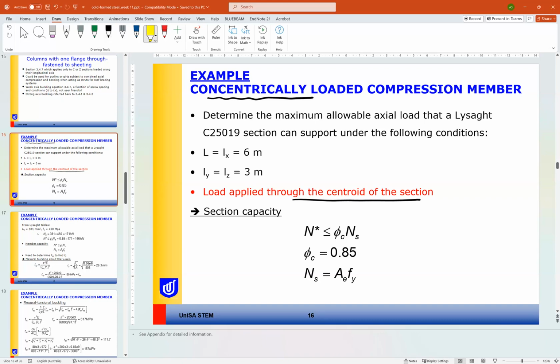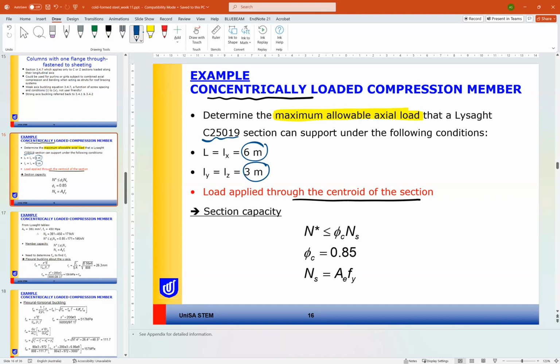We need to determine the maximum allowable axial compressive load for a C250 section under the condition of Lx equal to 6 meters and Ly equal to Lz equal to 3 meters.